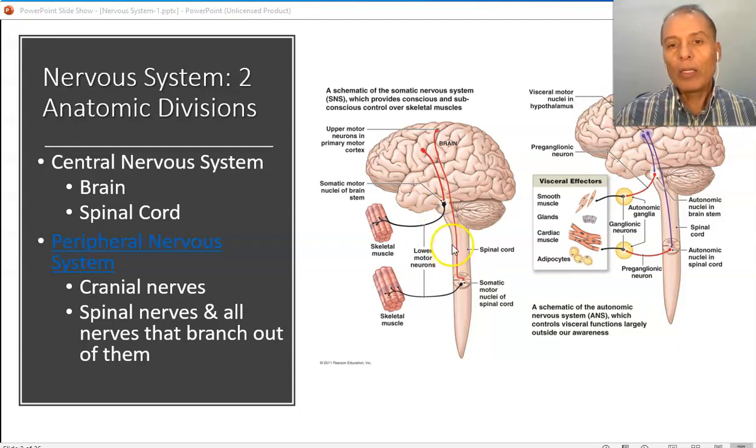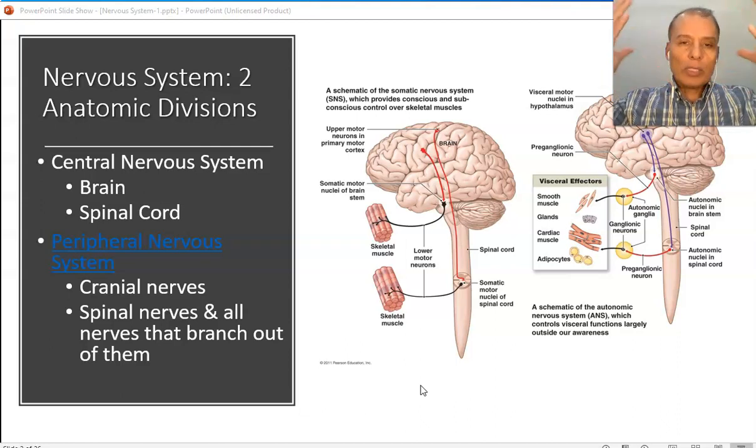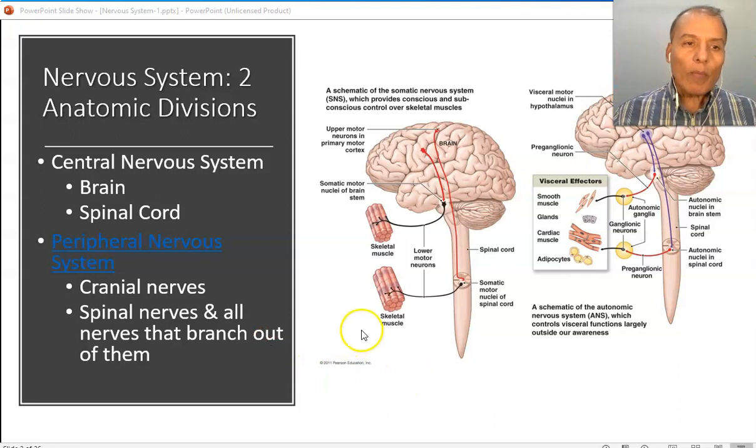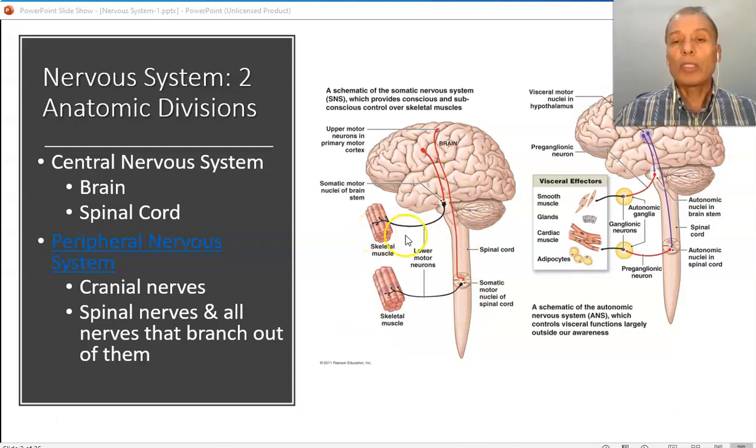And then the spinal nerves, 31 spinal nerves that come out of the spinal cord, and then out of each nerve you'll have different branches that basically cover the entire body, inside and outside. So these are the main divisions: the central nervous system, brain and spinal cord, and the peripheral nervous system, which is all the nerves that branch out of the brainstem and the spinal cord.